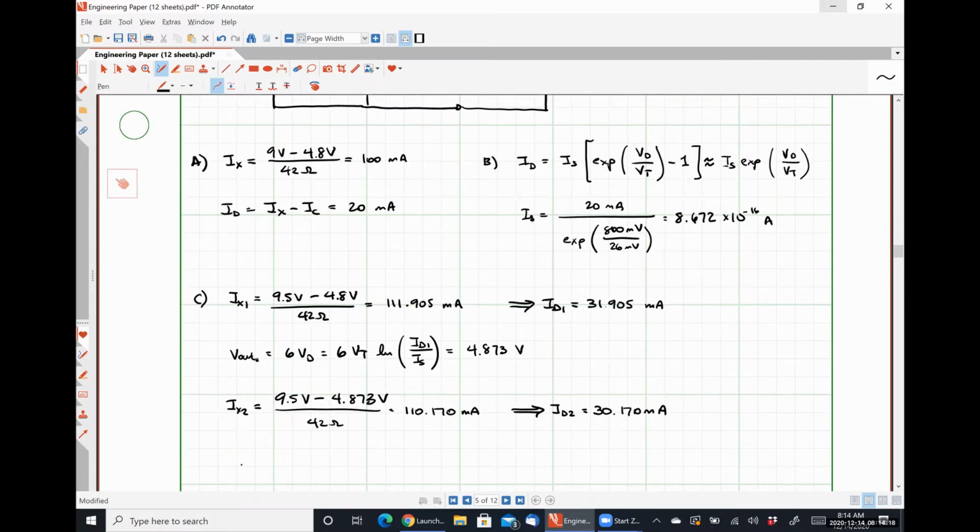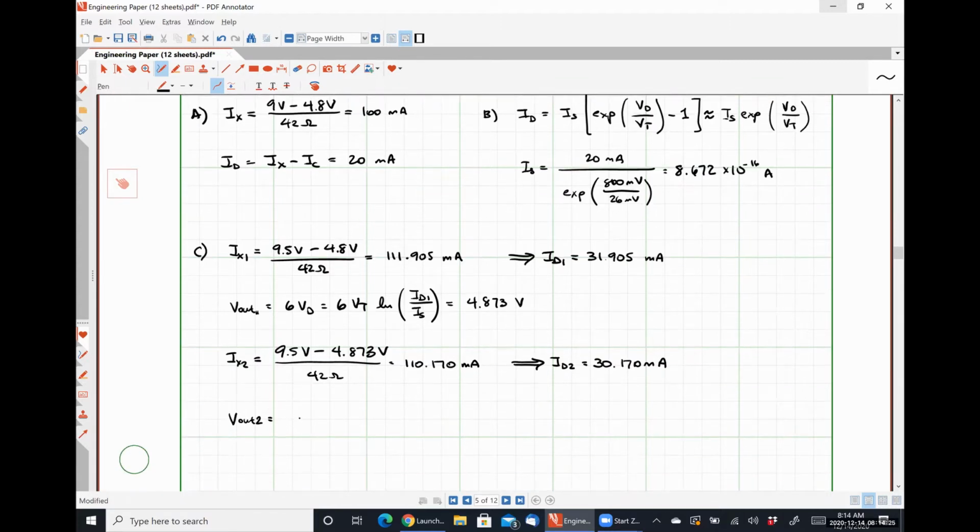And from this, V out 2 is going to be 6 VT times the natural log of ID2 over IS. Plugging in those numbers, I get 4.864 volts. And so we've had a change of roughly 9 millivolts. So we probably need to do at least 1 or 2 more iterations.